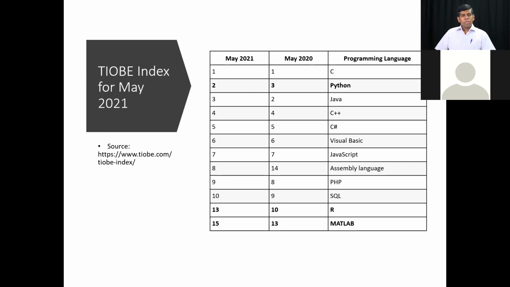According to them, here is the ranking for programming languages for the month of May. It compares May 2021 with May 2020. So you will see that Python is coming up, right?